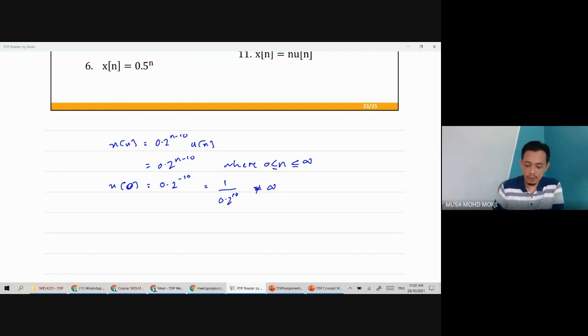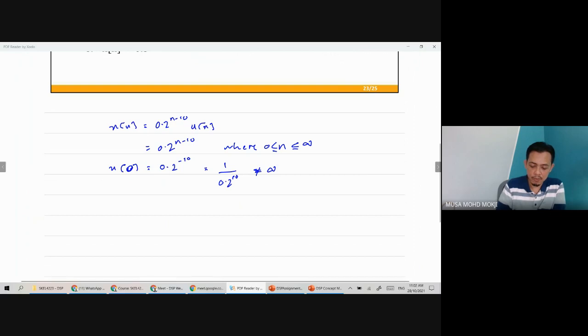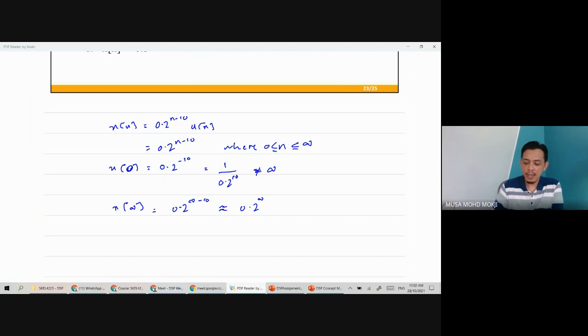Then if we check the last value, which is x infinity, this becomes 0.2 to the power of infinity minus 10, which is almost like 0.2 to the power of infinity, and this is very close to 0.